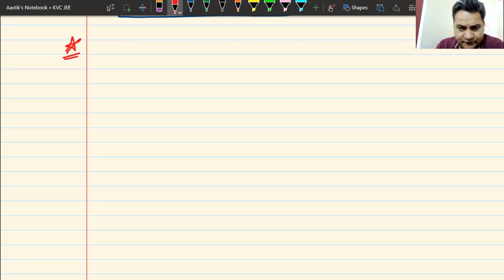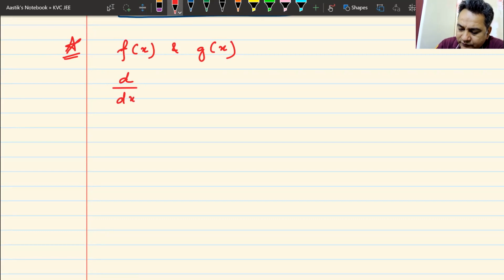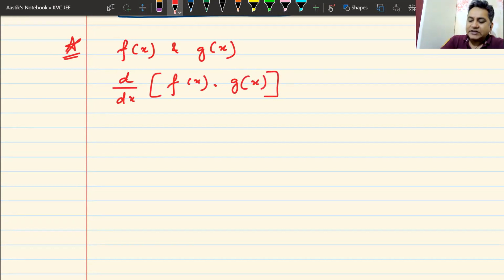For example, if I have two functions, let me say that I have a function f(x) and I have a function g(x), and then I have to find the derivative d by dx of f(x) multiplied by g(x).